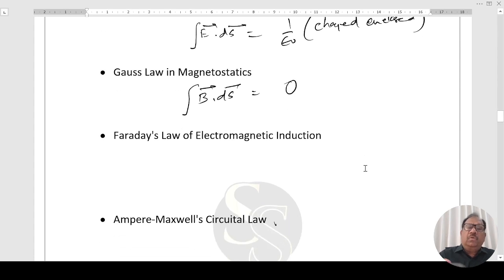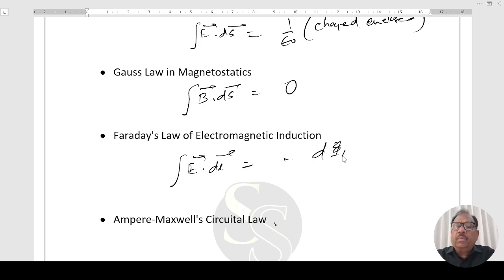Next, Faraday's law of electromagnetic induction, that is, the closed integral of E dot dl equals minus d phi B over dt.